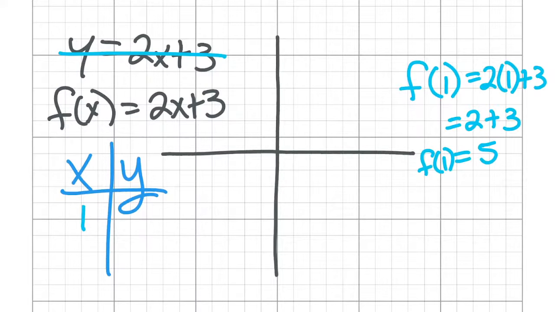So what this means is this 5 needs to go over here, because that's what we got when we put 1 in for x. When we put in 1, we got 5 out. That's why earlier we were talking about this being an output and this being an input, okay?